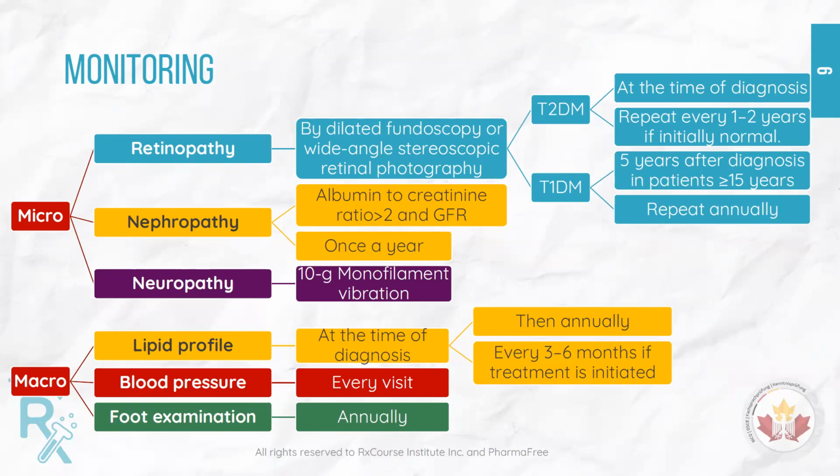Because if there is a small injury in the foot and the patient is diabetic, it might lead to severe consequences, might reach amputation. This is why we need to ask the patient to do foot examination by himself or herself on a daily basis. Okay.